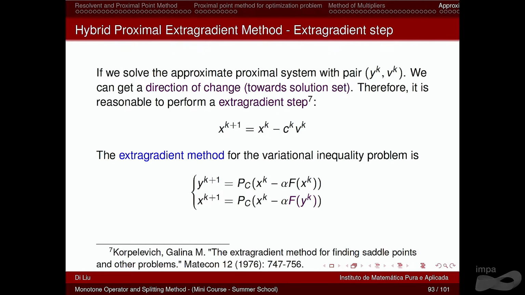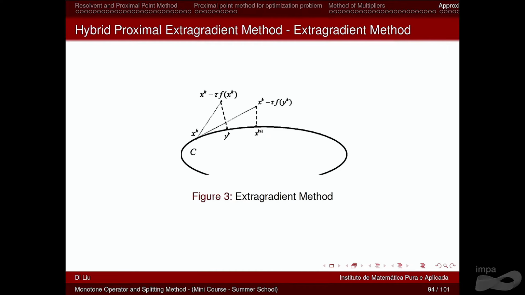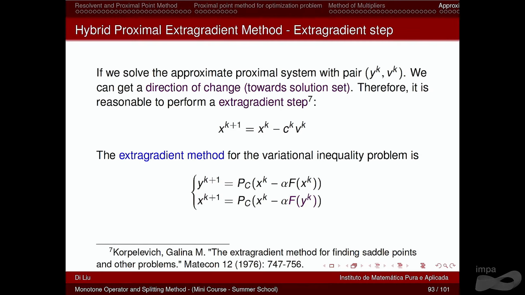But let's go to this graph. What is the meaning of the first step? Why do we need this yk instead of using the forward method directly? This yk is a direction which can guarantee the point xk plus 1 gets closer to the solution set.